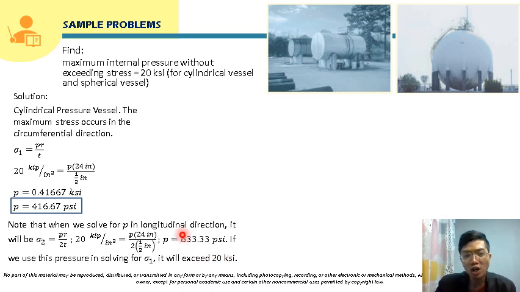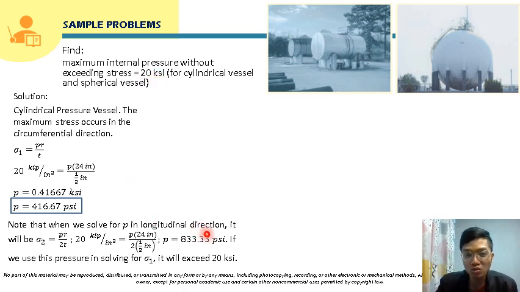Okay, so if we use this 833.33 psi here instead of this pressure, what will happen is that since the pressure is increased, this stress will also be increased, and it will exceed the allowable 20 ksi.